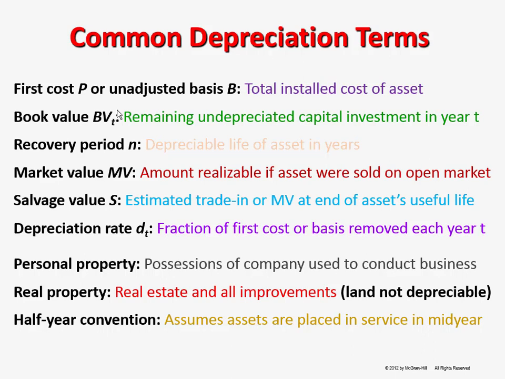I think temporary structures, like the trailers that are used at a construction site, can be depreciated, but a house or an office building has a useful life beyond 20 years, and usually 20 years is the longest that depreciation is taken over. Part of the reason for that is, remember, the value of money in the future is so minuscule compared to now that even if they did let you depreciate over 100 years, the second half of that 100 years, the depreciation amount really wouldn't do you any good because future money is worth so little.